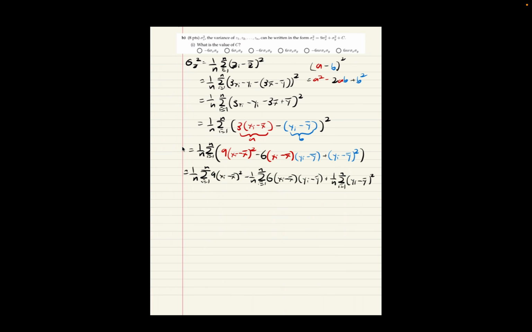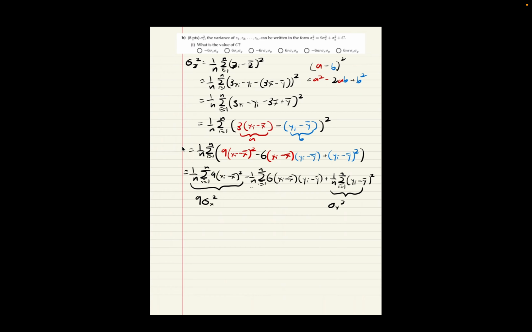So now that we have it written out like this, we can pretty clearly see that the first term is just 9 times the variance of the x's, right? Because we can just pull this 9 out of the summation. It's just a constant factor. And then the last term is the variance of the y's, which is just like our formula from above, right? We have 9 times the variance of the x's plus the variance of the y's plus something c.